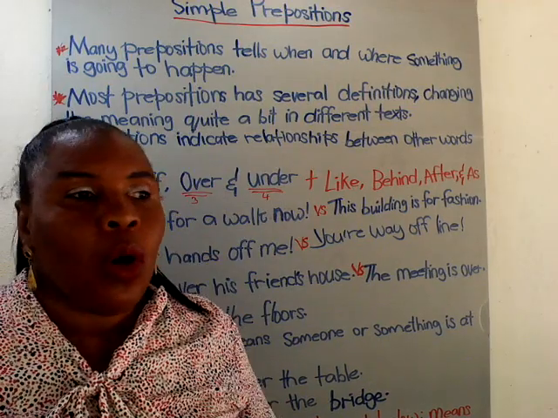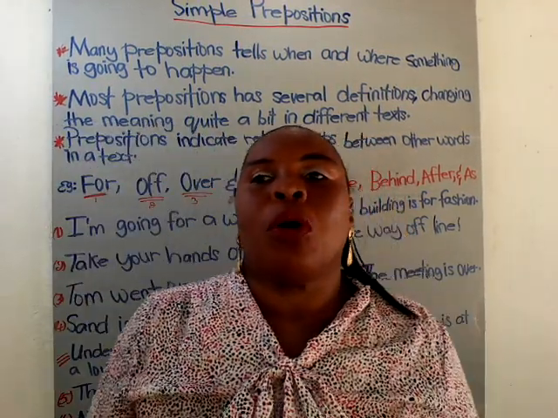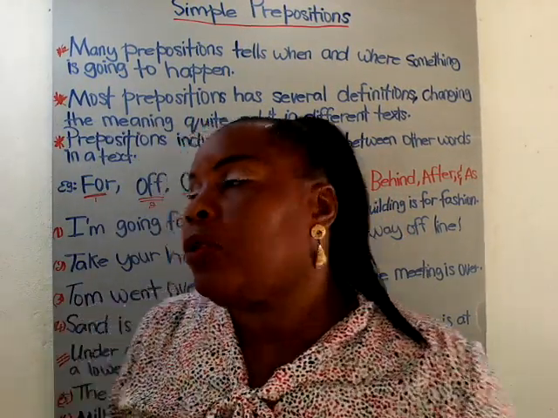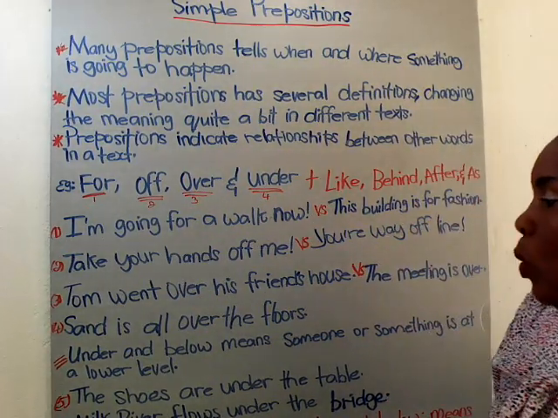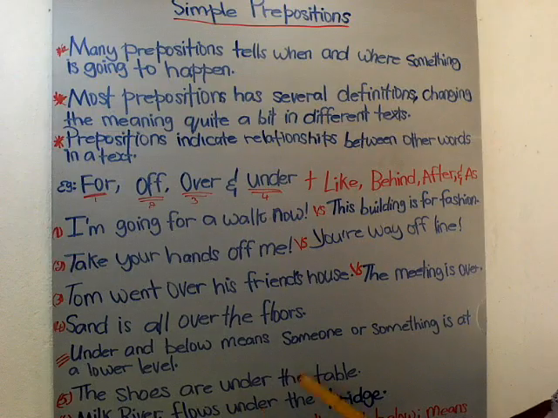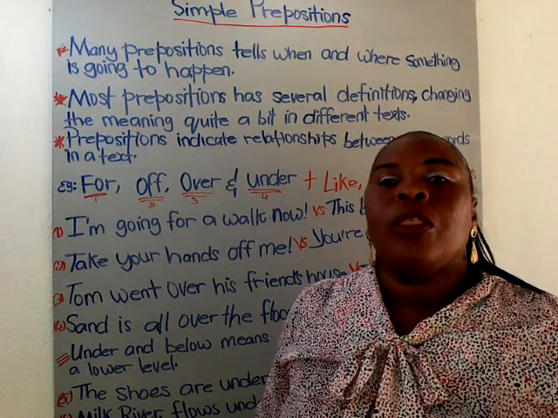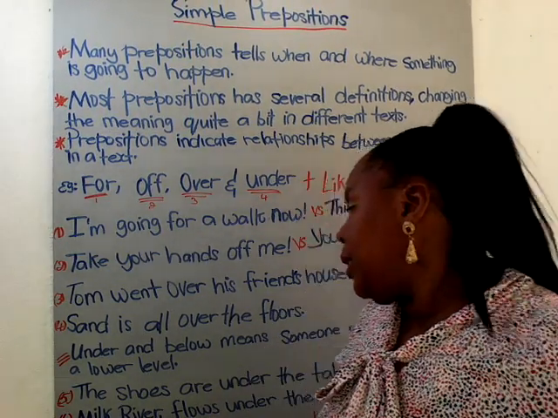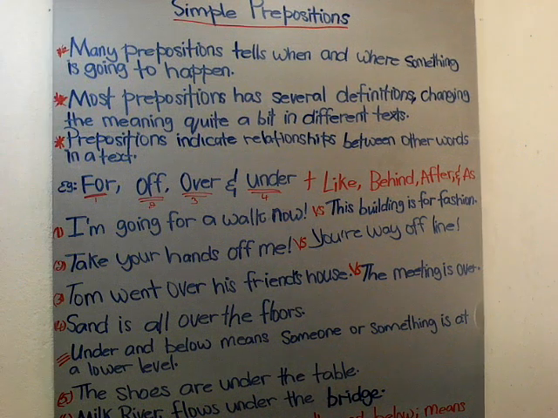Example, your boss. You are lower than your boss, so you're under the level of your boss, right? So a lower level. Example, the shoes are under the table. So this is what this sentence example is.